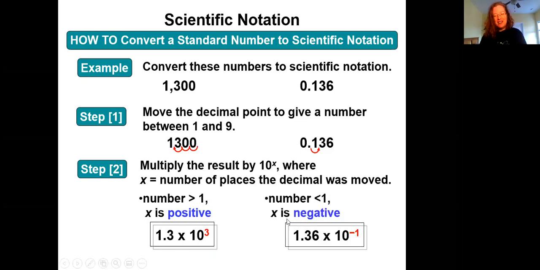This guy, again, we lost the 0 at the beginning and are only left with the significant figures, the 1.36. It's a negative exponent because the original number was less than 1, and we only had to move the decimal 1 place. The insignificant zeros were dropped.